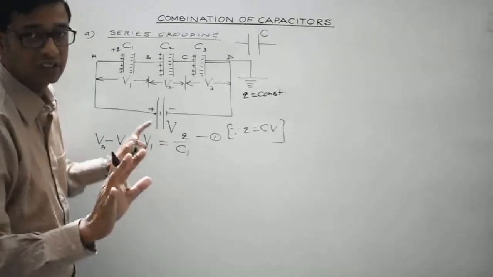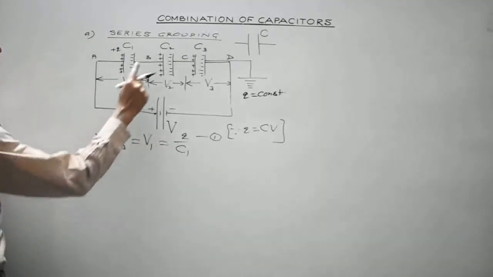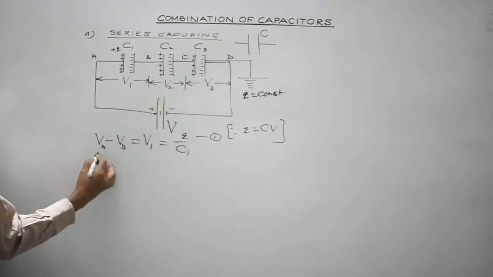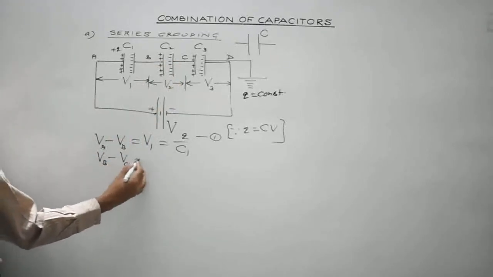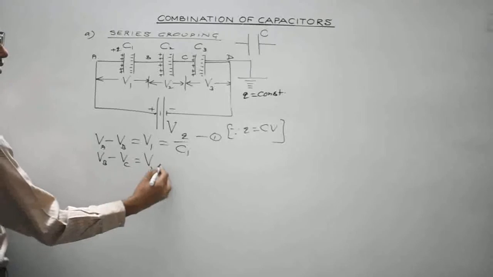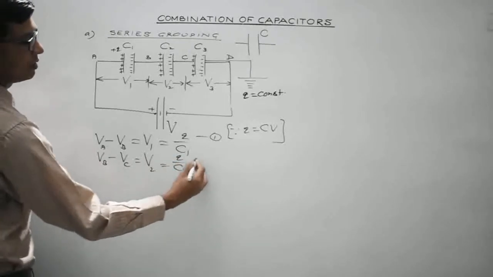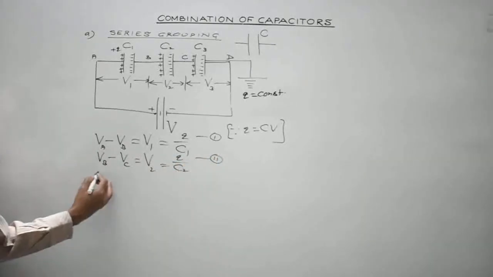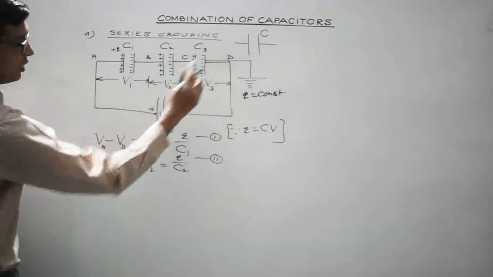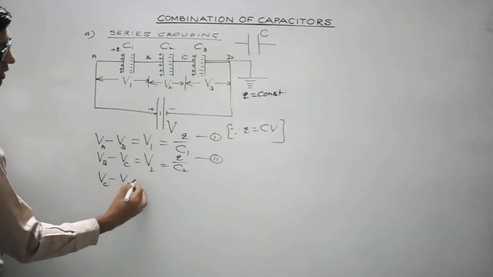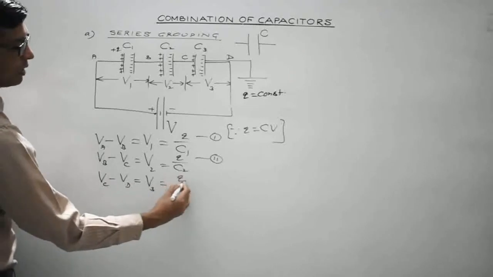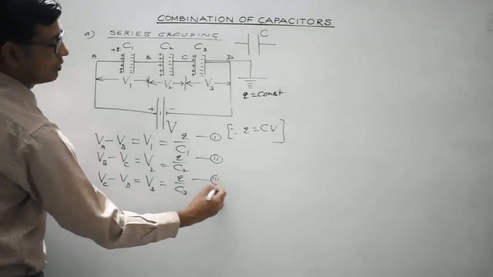Q is constant, right? Similarly, the potential difference between points B and C, VB minus VC, is considered to be V2, and it will be Q by C2. Right? And the potential difference between the points C and D, VC minus VD, is V3 and it will be equal to Q by C3.